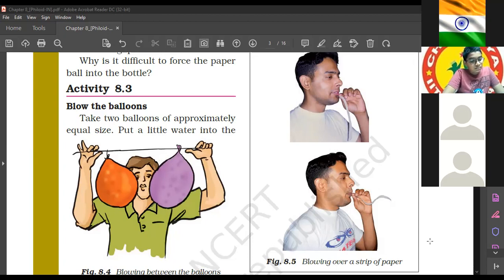So in the lower part, the air pressure will be high. So the air moves from the high pressure area to the lower pressure area. Sir, can I say something? Wait, Jait. Raghav, finish. Yeah, good. So only it is lifting the paper.